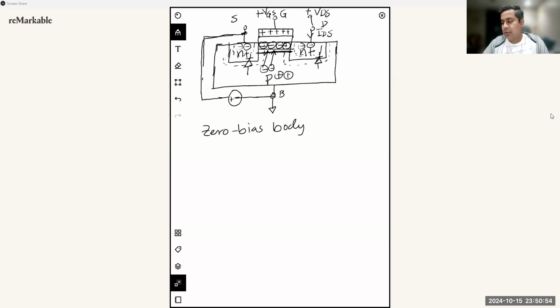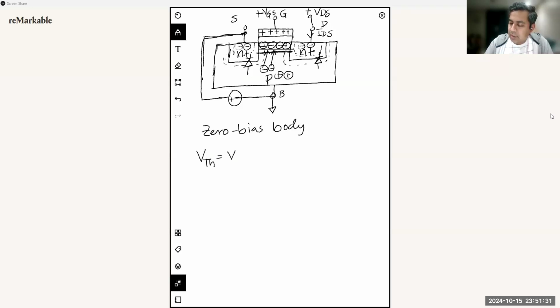And that is going to affect the threshold voltage of your device, because the threshold voltage basically indicates the amount of voltage you need at the gate terminal to create the accumulation of electrons between the source and the drain. But if you already have a body voltage applied to it, it acts like an offset, and that will either increase or decrease the overall threshold voltage of this device. So the equation that dictates it, we can write it like this.